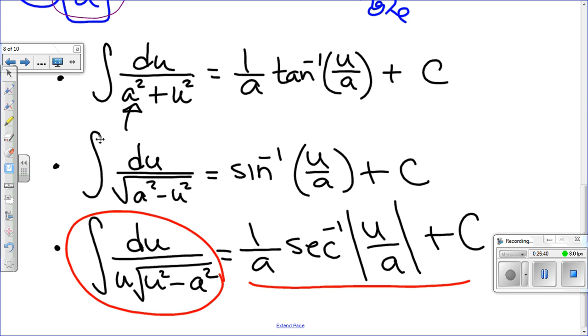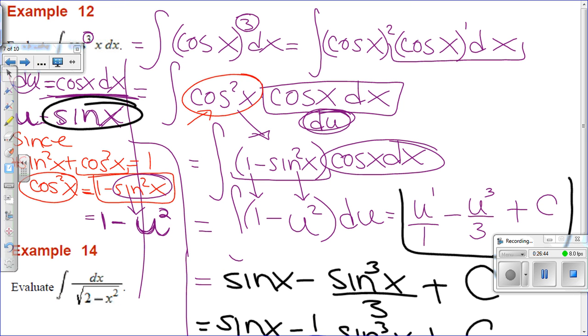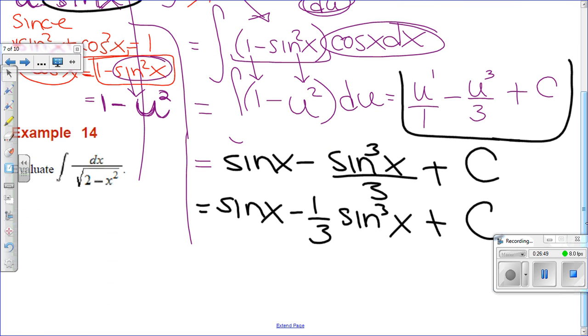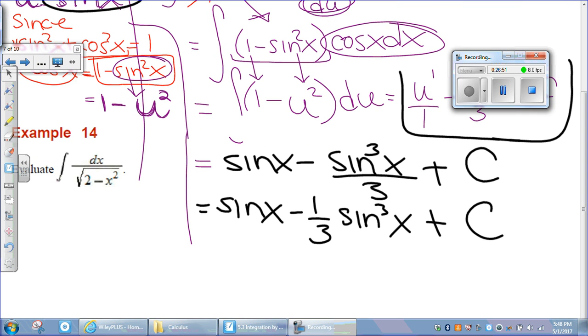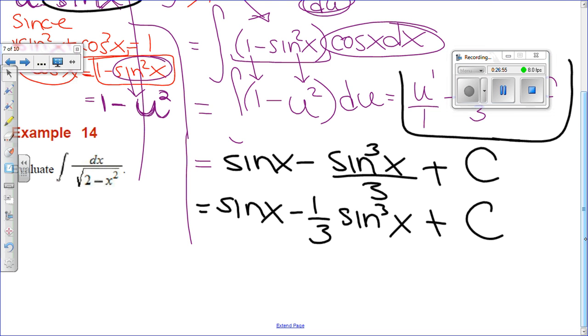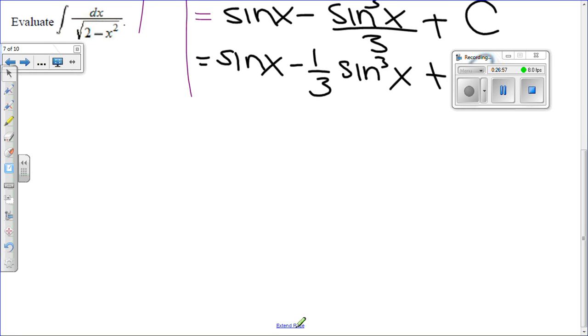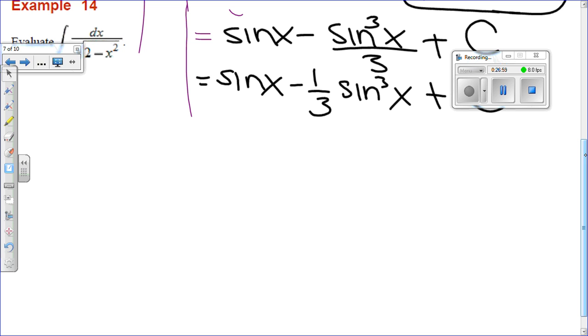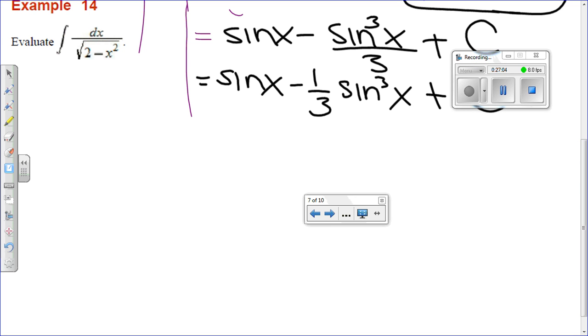So we're almost done, so let's go back to the other slides. So now we're going to apply those formulas to solve problem 14. And so the reason we're using them is because 14 looks almost like those formulas on 13. Before we do that, we're going to rewrite it.